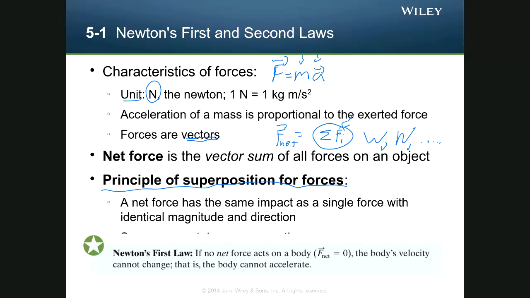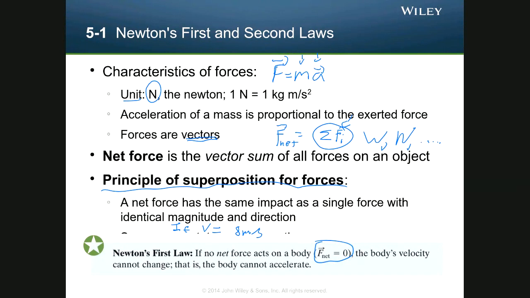So another way of saying Newton's first law, with a little bit of math, is that if no net force acts on a body, that is, if the sum of the forces is equal to 0, the body's velocity cannot change. That is, the body cannot accelerate. That doesn't mean the body's not moving. Remember, if v is constant, so let's say v equals 8 meters per second, and it's not changing, then if you take the derivative of that 8 meters per second, it's still going to be 0.